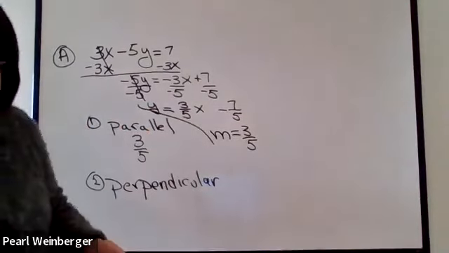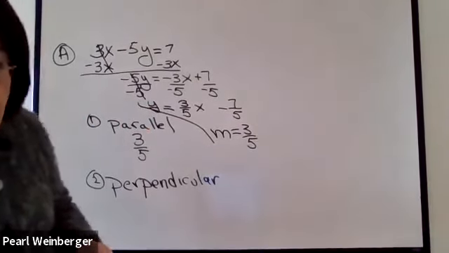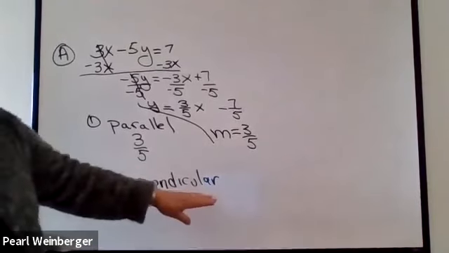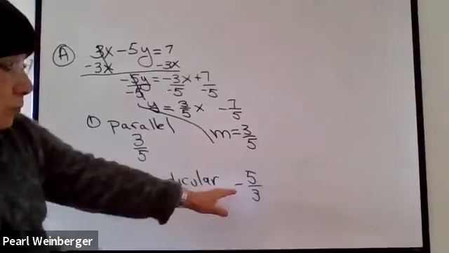What if they ask you not what is the slope of the parallel line, but what is the slope of the perpendicular line? What would that have been? The reciprocal of it. Negative 5/3. Right. So I have to flip this over. Since this one is positive, I have to make this one negative. And that's what you'd have to put in.